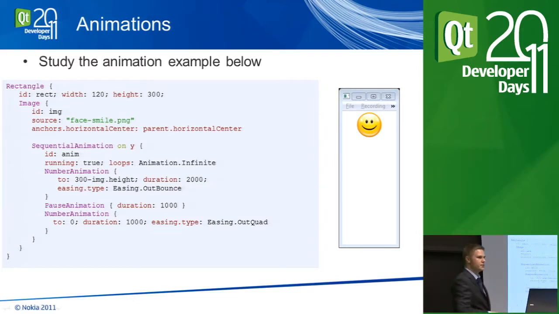Then we have a pause animation, which pauses this sequential animation for 1000 milliseconds, meaning that when the image goes down, it stays there for 1 second. And then we have yet another number animation that basically reverses what the other one did, but using a different kind of easing.